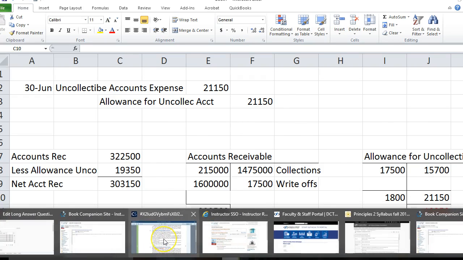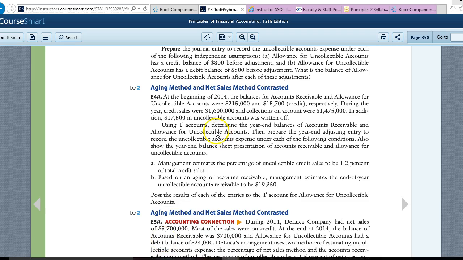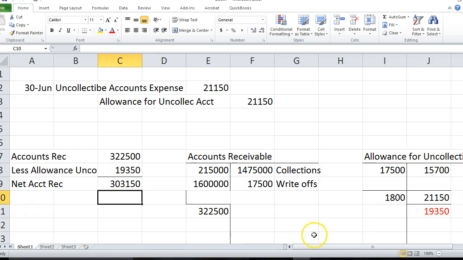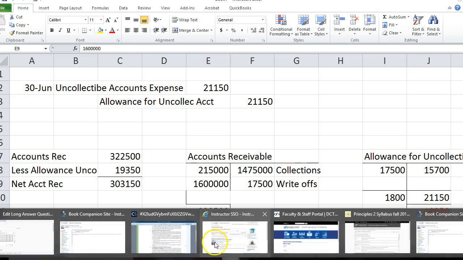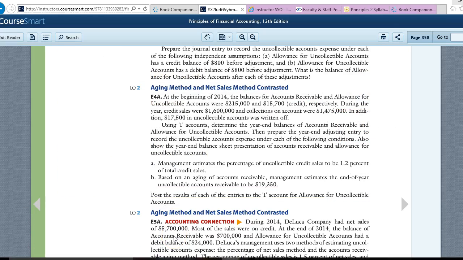And then from there it said during the year, credit sales were 1,600,000. So what I did is I put in 1,600,000 credit sales, meaning accounts receivable. And then it said collections on those accounts were 1,475,000.